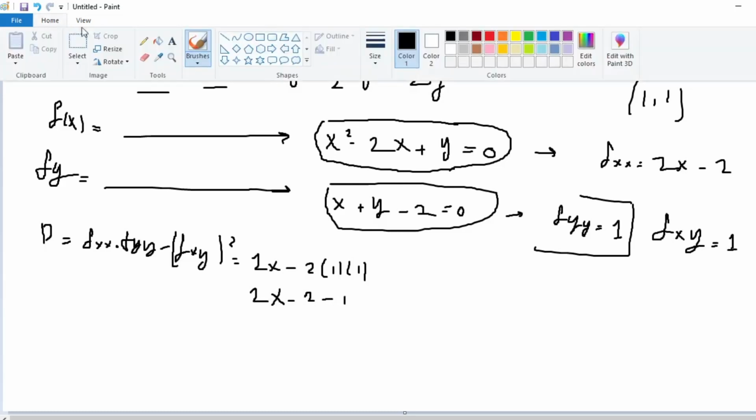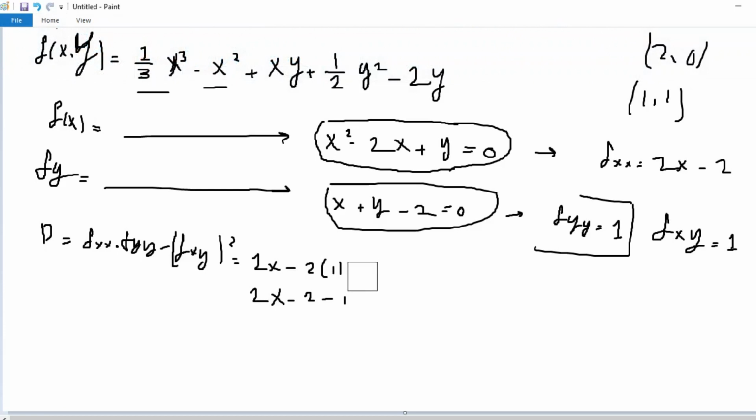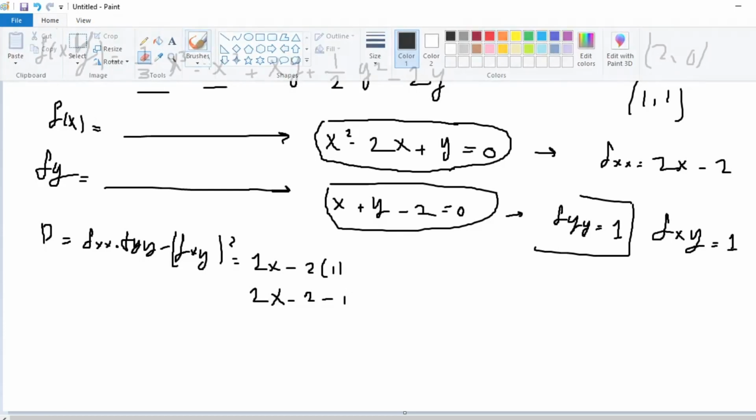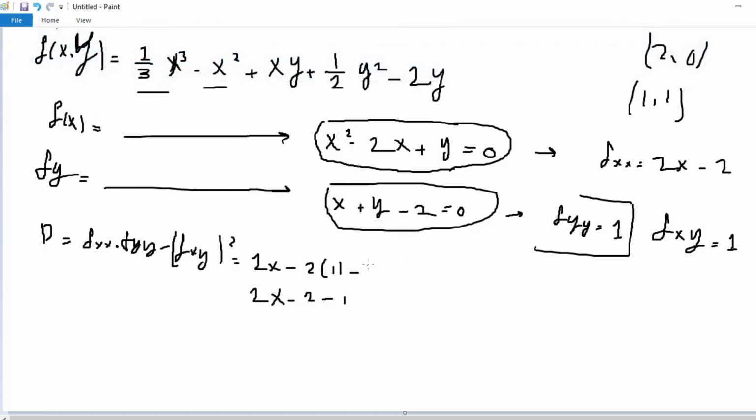Sorry, here there is a minus. So (2x minus 2) times 1 minus 1. So the discriminant equation is going to be 2x minus 3.